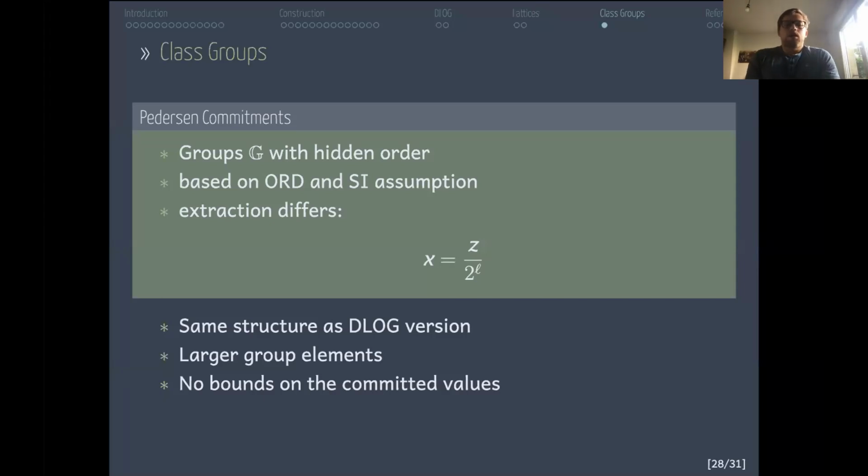So you pay a bit in the size of the range proof, but in turn you can commit to unbounded values.